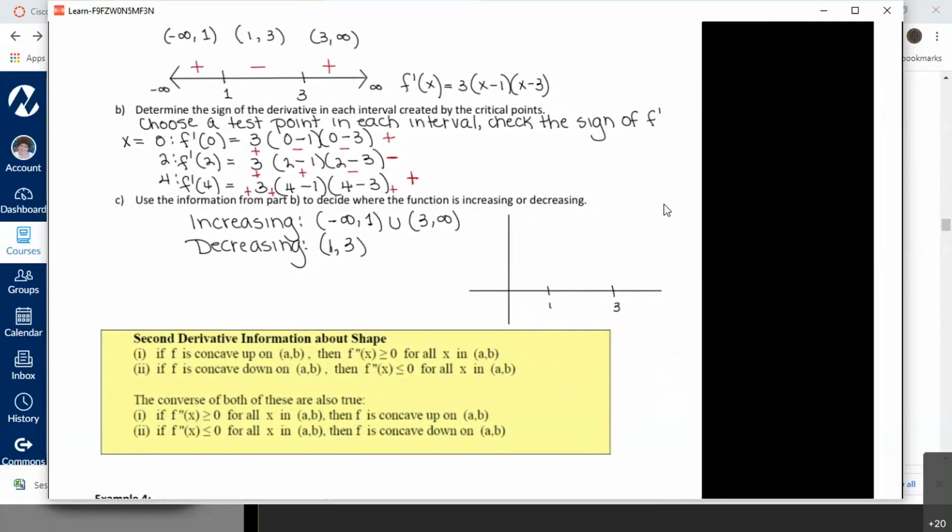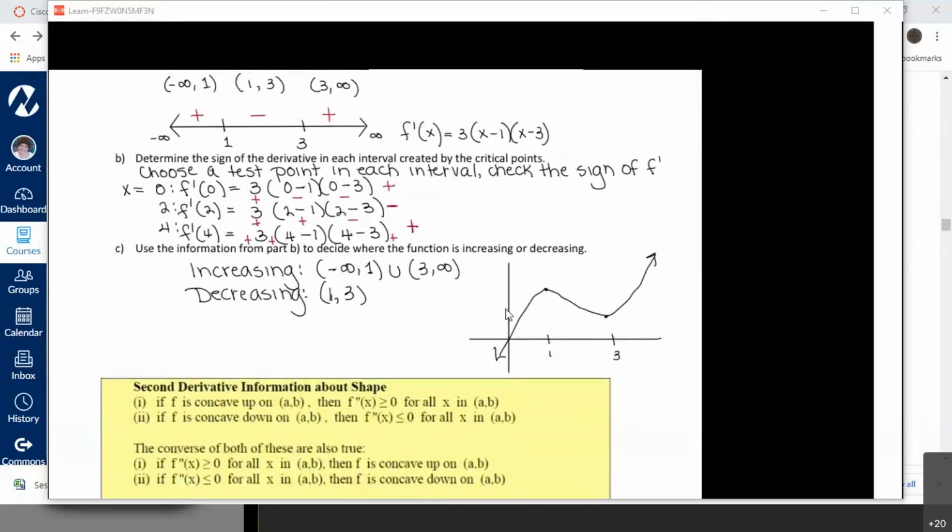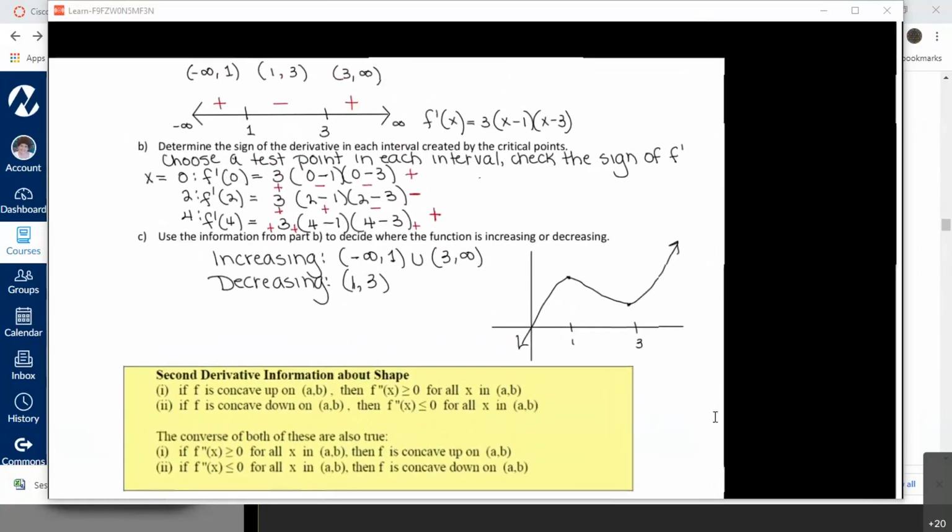This is going to be a max, and it's decreasing away from it. Here's my other critical number, decreasing down to 3, and then increasing up and away from it. Now again, the test points are in the intervals separated by the critical numbers.